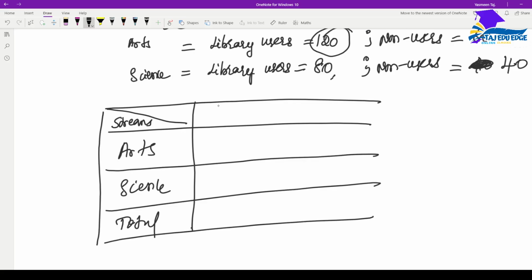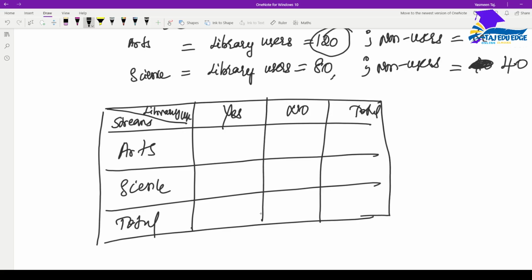Next, library usage. Here, library use: yes, no, total.